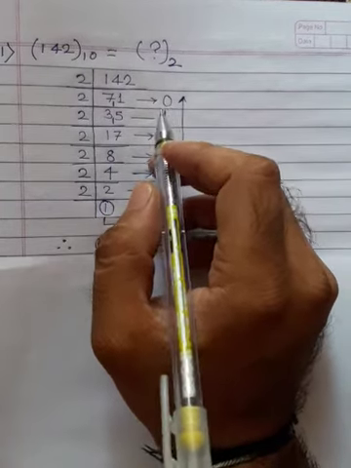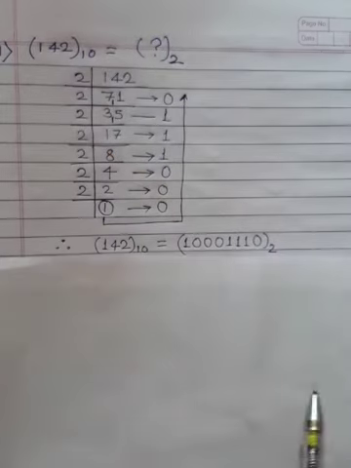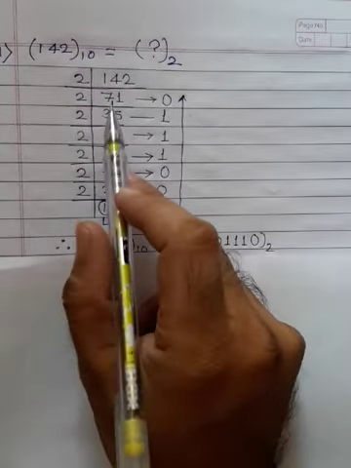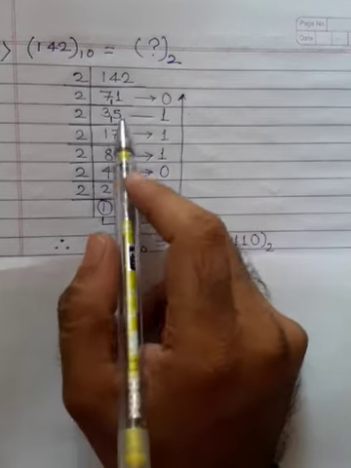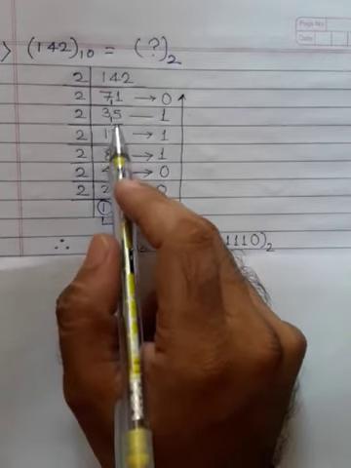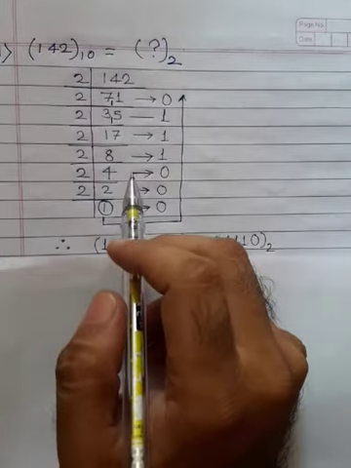Now divide 71 by 2. 2 threes are 6, 1 is remaining, so carry the 1, and 2 fives are 10. So 35 is the quotient and 1 is the remainder.